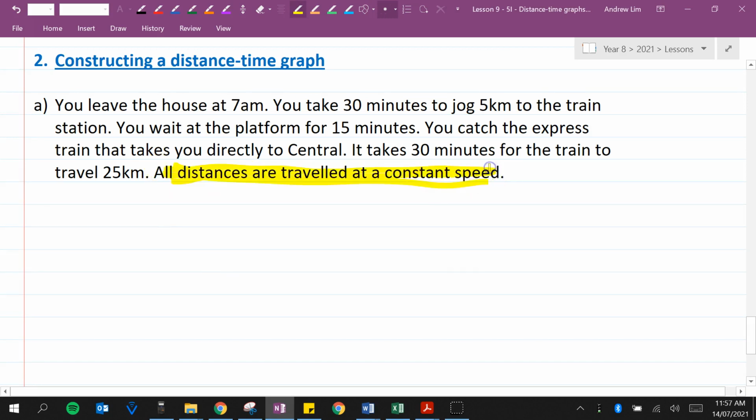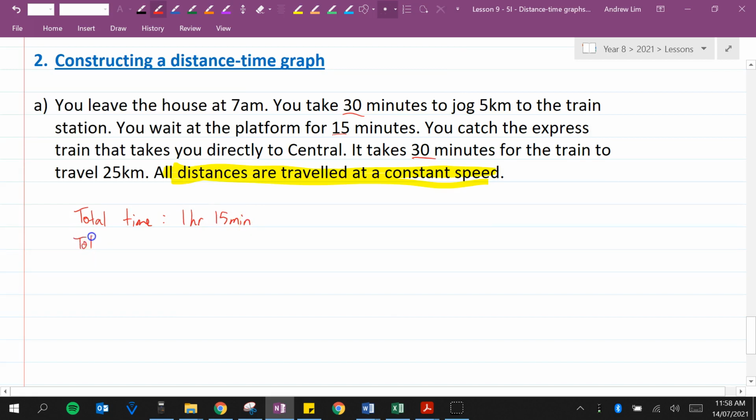Okay? So let's just first work out the total time taken, and total distance. So total time, we've got 30 minutes, you wait for 15, that's 45, and then another 30. So that's 1 hour and 15 minutes. Okay, 30 plus 30 is 1 hour plus 15.